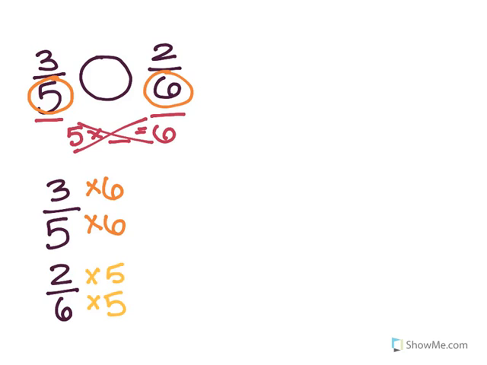So when I do this, 3 times 6, 18, 5 times 6, 30, 2 times 5, 10, 6 times 5 is 30. I now have 2 equivalent fractions for the originals that both have the same denominators.